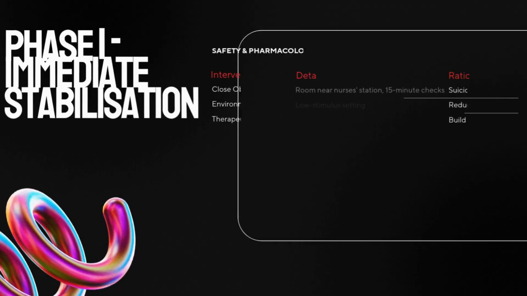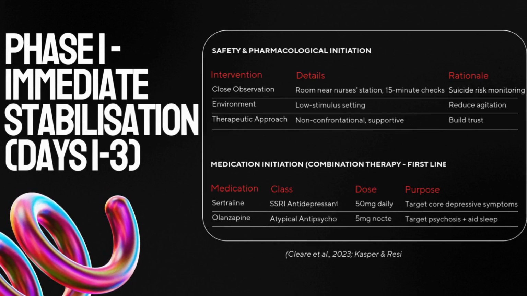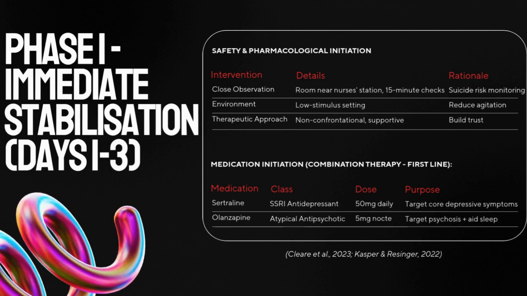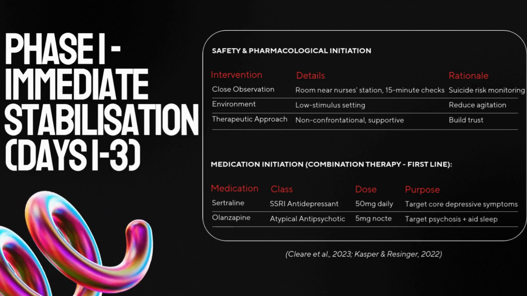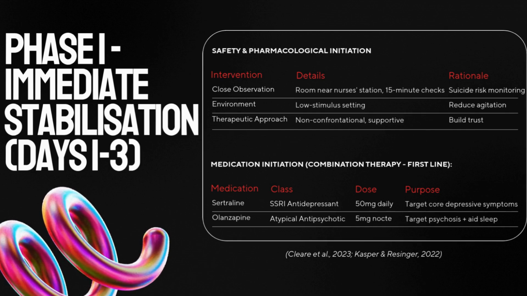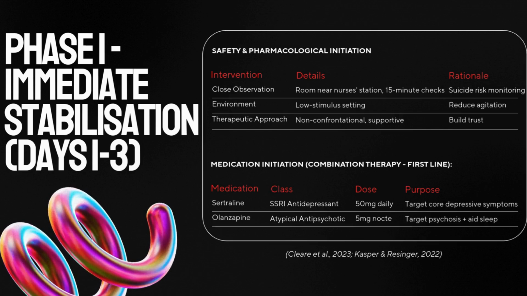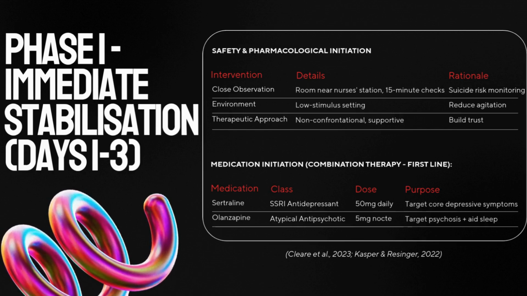Pharmacologically, the psychiatrist initiated combination therapy, which is first line for MDD with psychotic features. He was started on sertraline, an SSRI antidepressant, at 50 milligrams daily to target core depressive symptoms. Cipriani and colleagues 2022 note that sertraline has a favorable side effect profile.